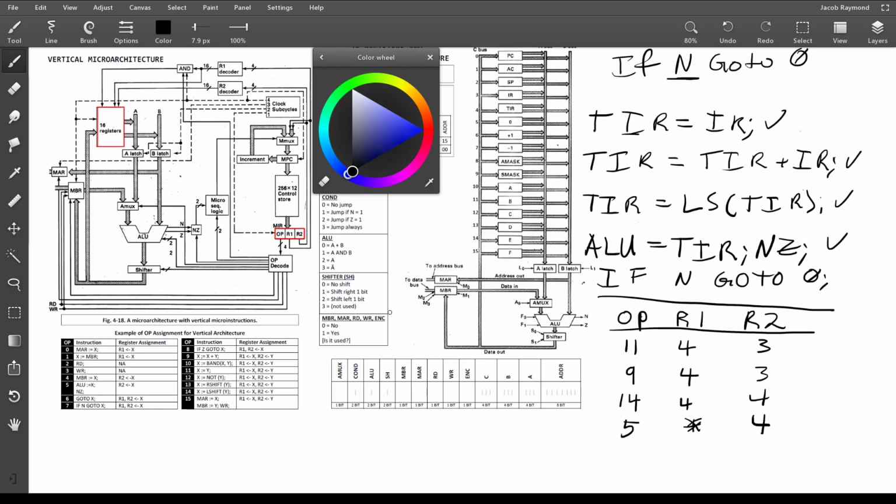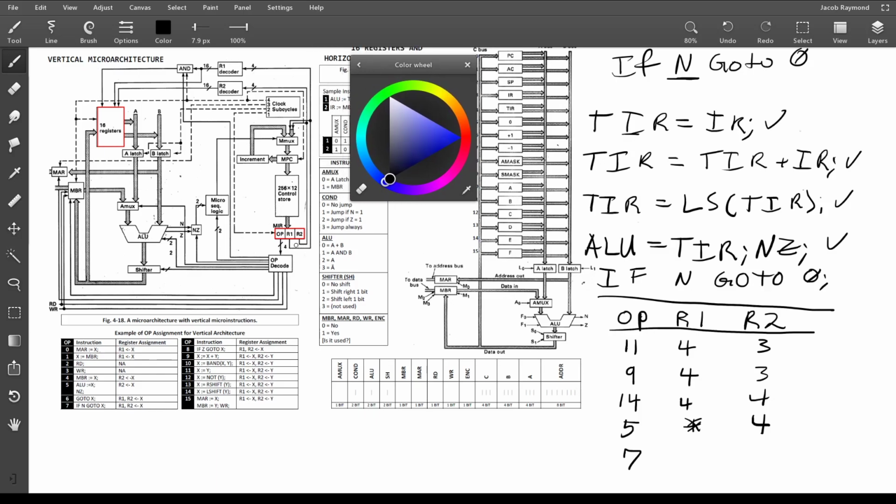And then finally we have the if n go to 0. That's operation number 7. And then here the syntax says R1 comma R2 is X. And what that means, so if you look right here, it's a bit harder to see. So if you follow op, you see that op is 4 bits. R1 is 4 bits and R2 is 4 bits. So all of these are 4 bits. In this case, we're just going to 0, so it would, in theory, be possible to fit that into a 4-bit number.